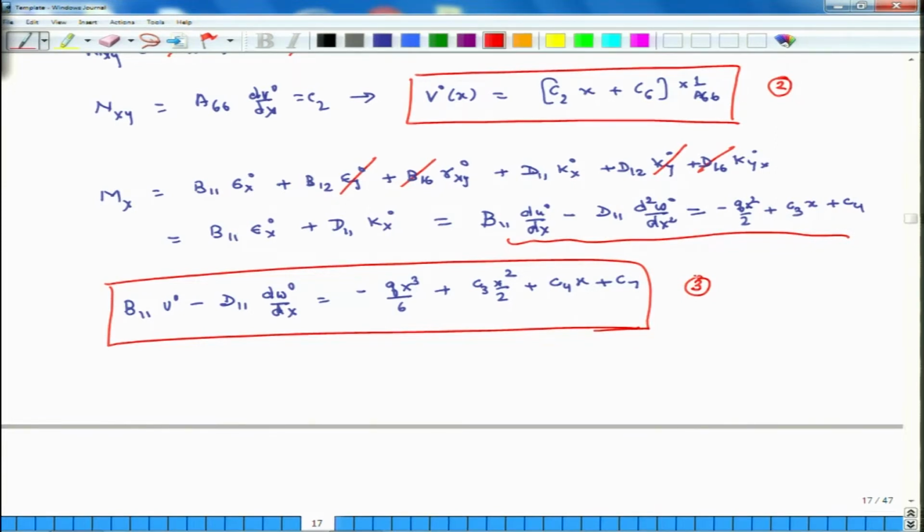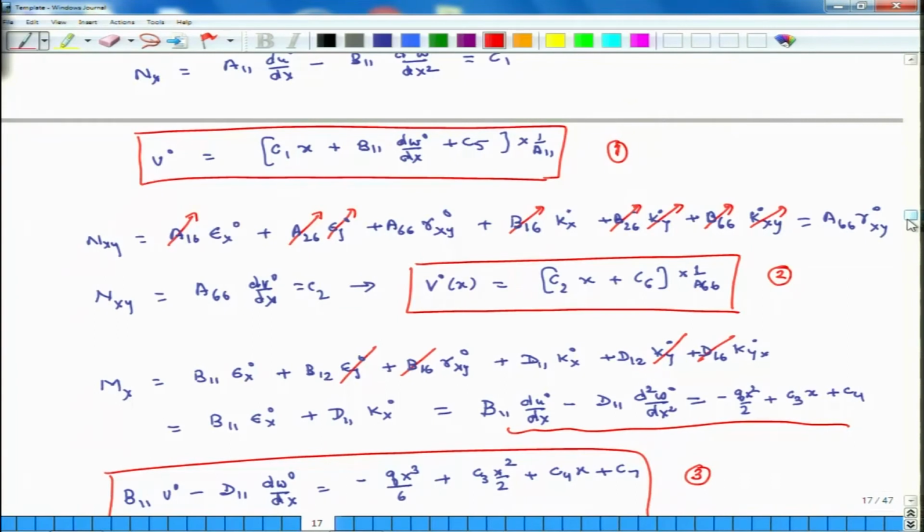So, let us quickly see. Now we have expressions for u, v and w. What we see is that in equations 1, 2 and 3, u involves dw over dx. So, it is a coupled problem. V does not involve any other thing, and the third equation is B11 times u naught minus D11 times dw over dx.